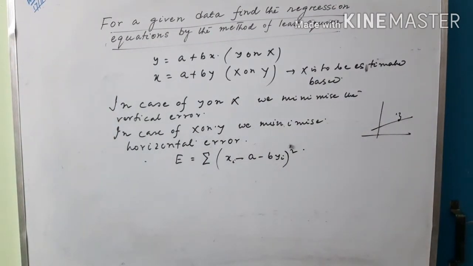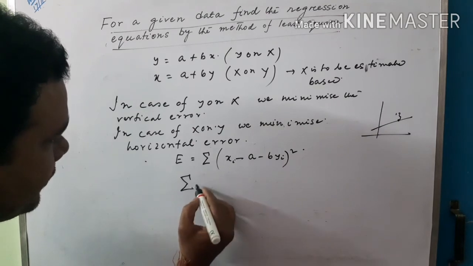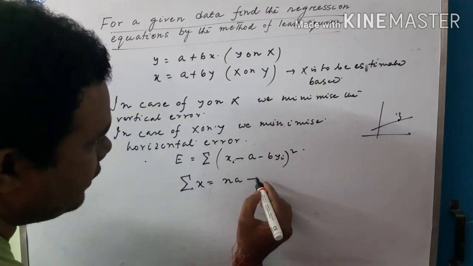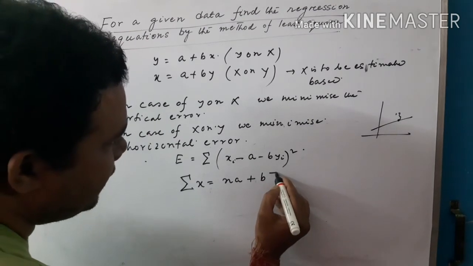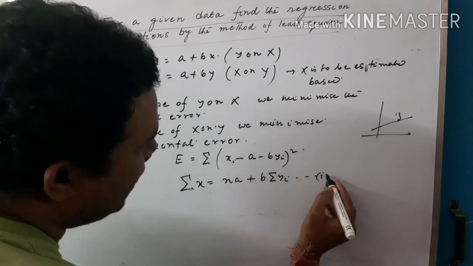From this, again we differentiate this equation with respect to a and with respect to b, and we get the equations: sigma x equals na plus b into sigma y, this is number 1.